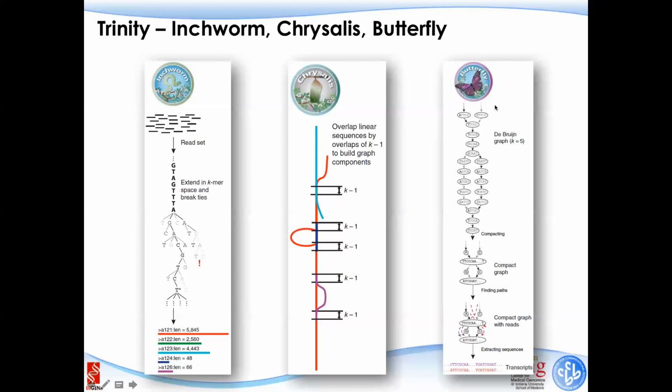This part is adjustable: we can call all the possible paths from the beginning to the end, from top to bottom, to get all possible alternative splicing. In Trinity, please keep in mind that gene expression level is not used, so there is no expression-based adjustment. If there is one path, it is just one isoform.